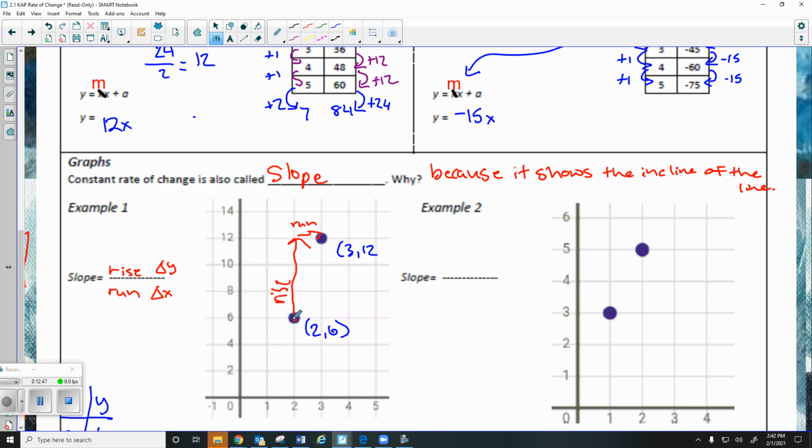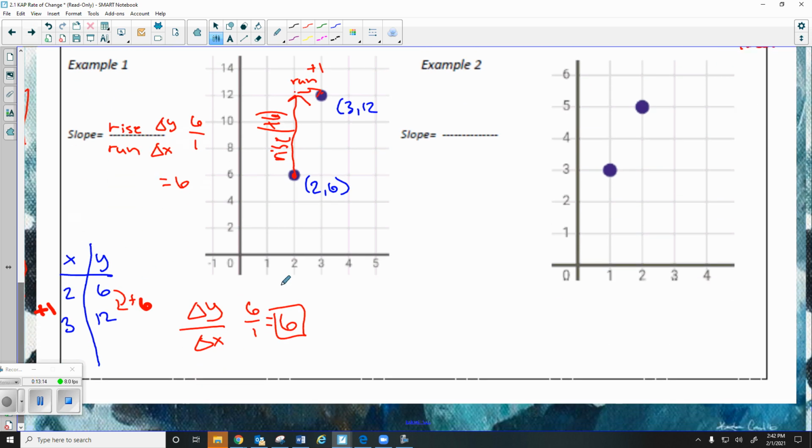My rise, if I went from 6 to 12 on that y-axis, my rise was plus 6. Okay, my run, I went from this point to this point. I went from 2 to 3. My run was plus 1. Okay, so if I put those numbers in over here, rise was 6 up and over 1, which again equals 6. If you'll notice, that is the same thing that we found here. The m is equal to 6.